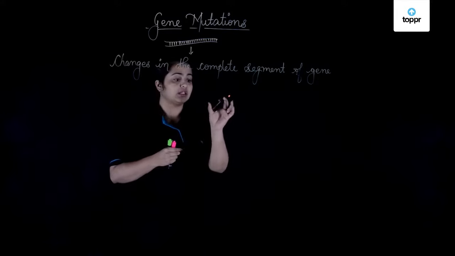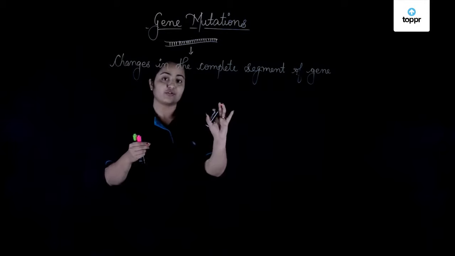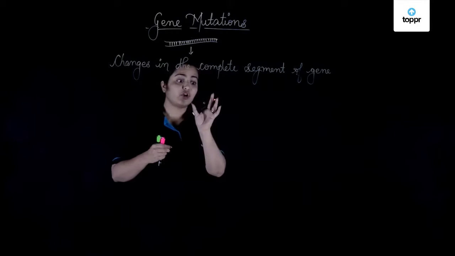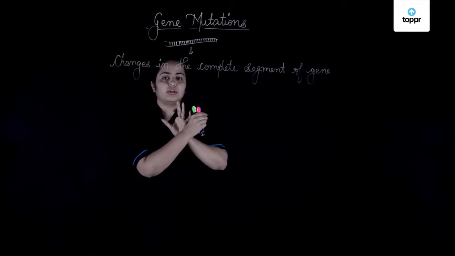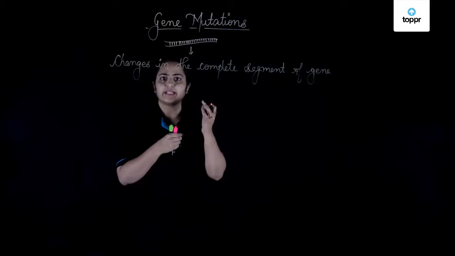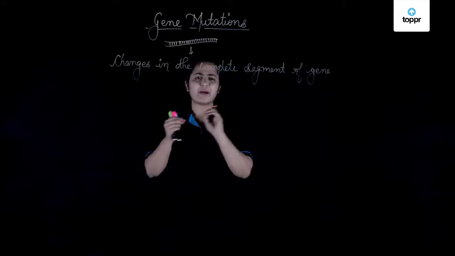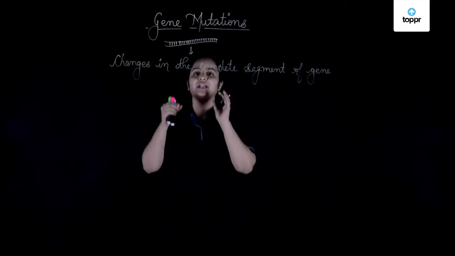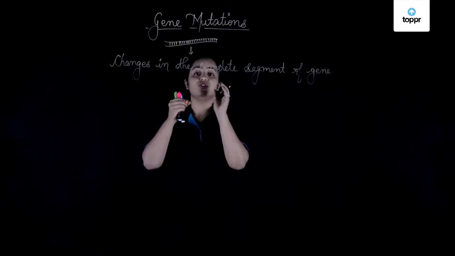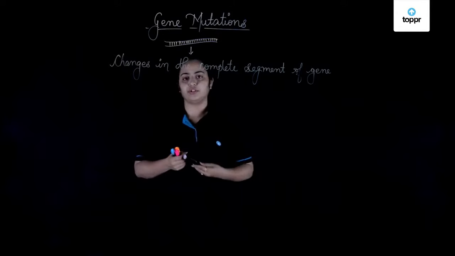We can expect a small portion or series of codons being lost, a series of codons being added, a series of codons being substituted also. Yes, for example, A is substituted by G or something like that at one point, or many codons together. All these kinds of abrupt random changes happening in the genes is what we are studying under gene mutations.